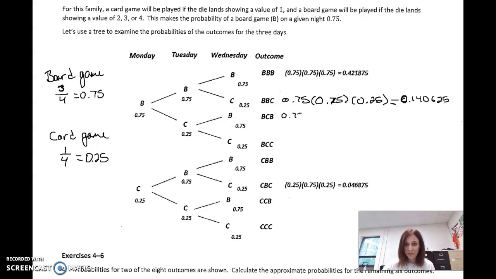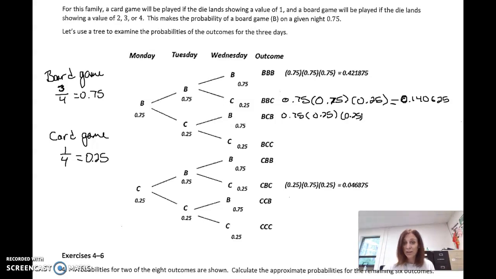Okay? So now, BCB, we're going to do the same thing. 0.75 times the C, 0.25, times C, 0.25. And if you kind of get the idea, you can go ahead and do it and then just make sure your answers match up with mine, or make sure that mine are correct. You're going to see here we have two 0.25s. Nope, this should be a 0.75. See?